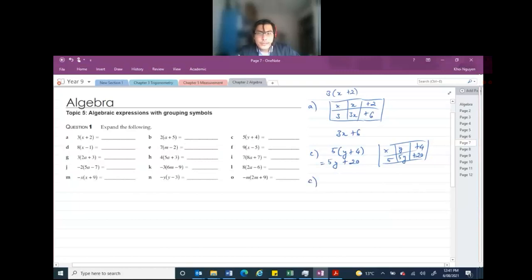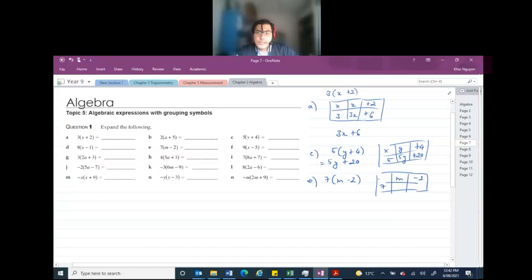Next is E. So E is 7 brackets m minus 2. Okay, let's see if I can draw a better table this time around. Okay, looking a little bit better. I'm just going to fill in the space here.